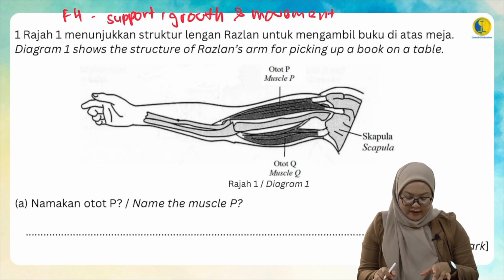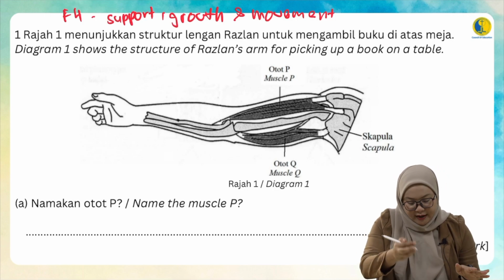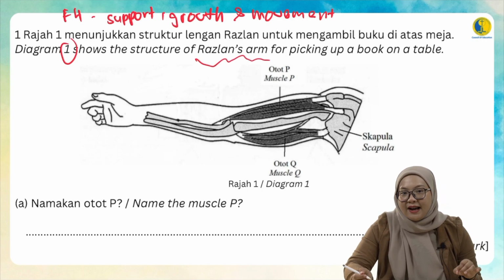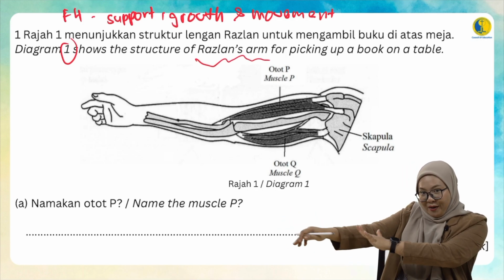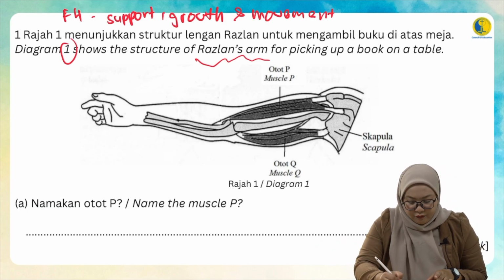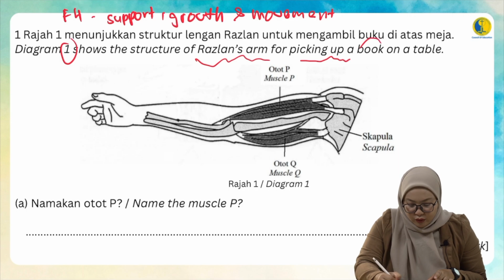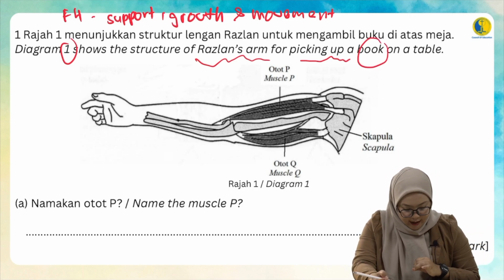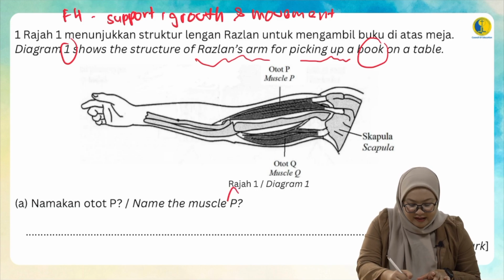Diagram 1 shows the structures of Razlan's arm when picking up a book. So, what is muscle P?